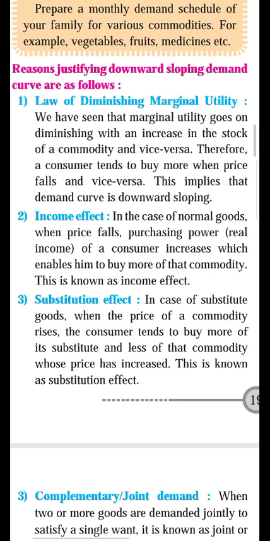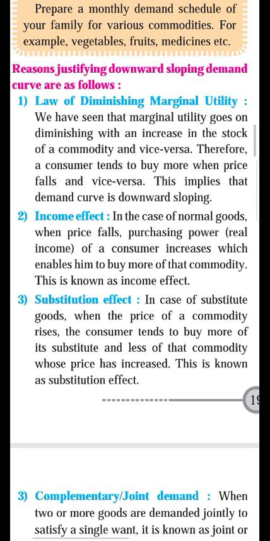Okay, so again the demand is downward sloping. So income effect means a fall in price leads to an increase in the purchasing power of the consumer, and then demand increases. So demand increases at a low price, so again it is a downward sloping demand curve from left to right.